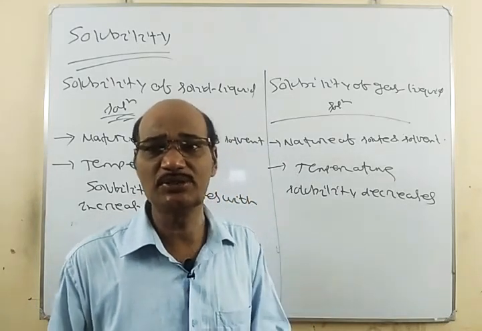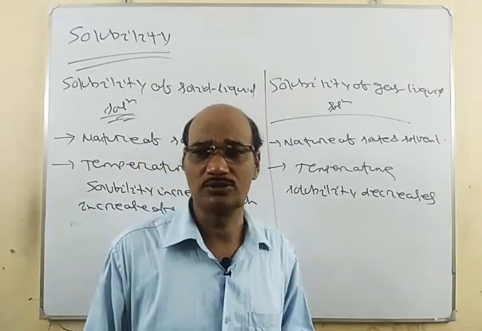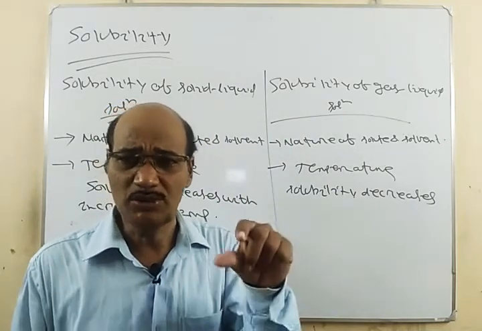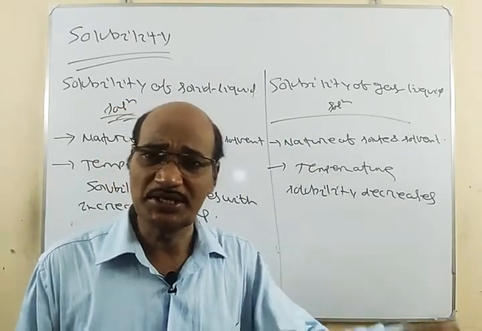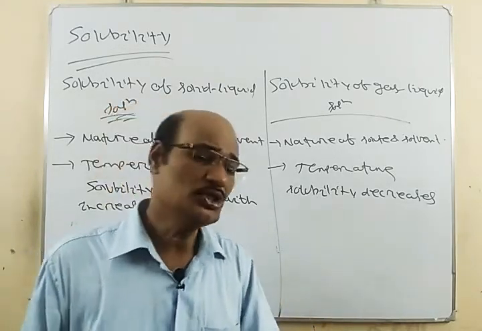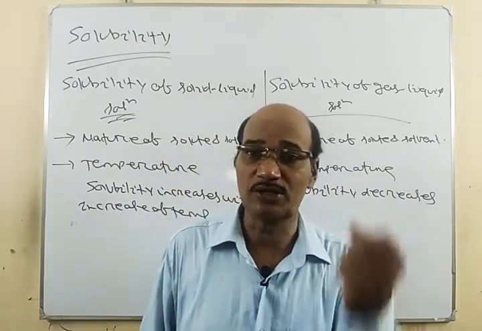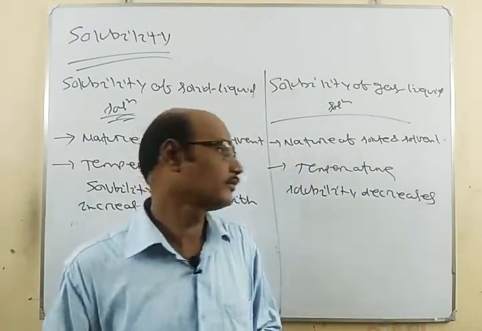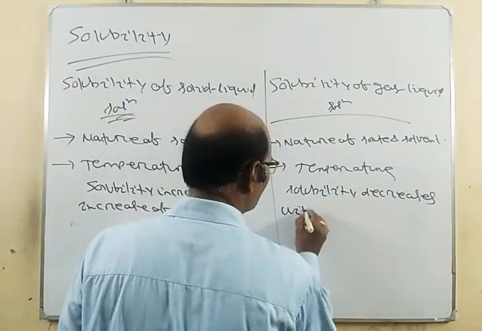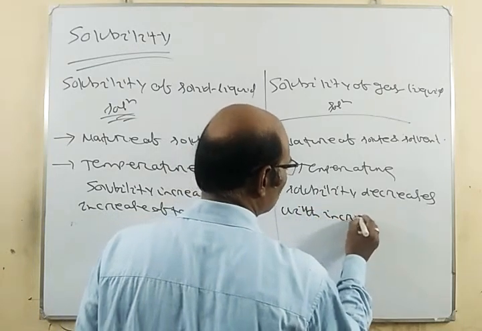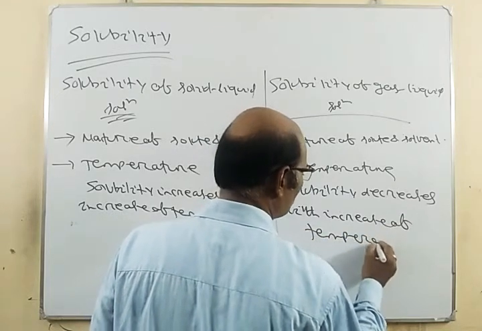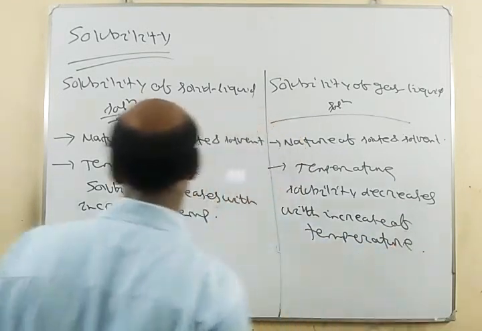Due to the heat in summer, the dissolved oxygen comes out. The solubility of oxygen in water decreases in summer. That's why the aquatic animals, basically fish, come to the surface of the water in summer to get oxygen. So solubility decreases with increase of temperature.